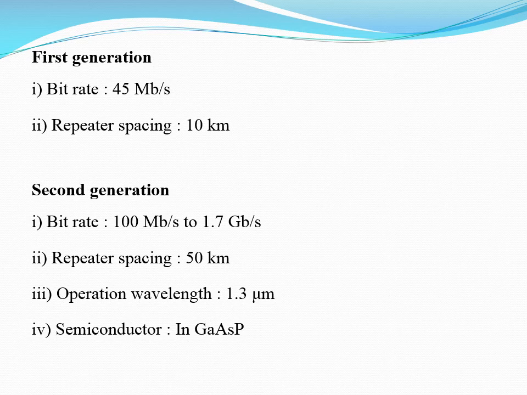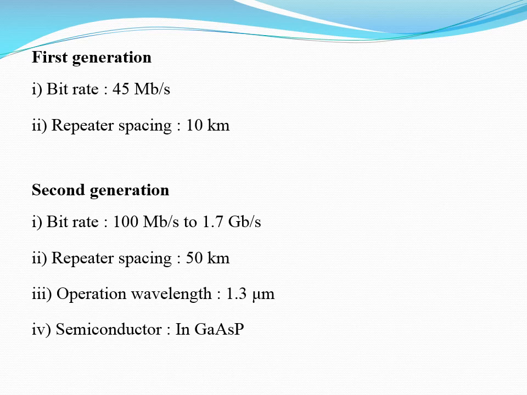Coming to the first generation, we have a bit rate, or transfer rate, of 45 Mbps, and repeater spacing was around 10 kilometers.